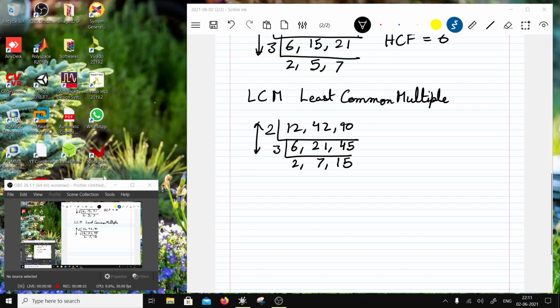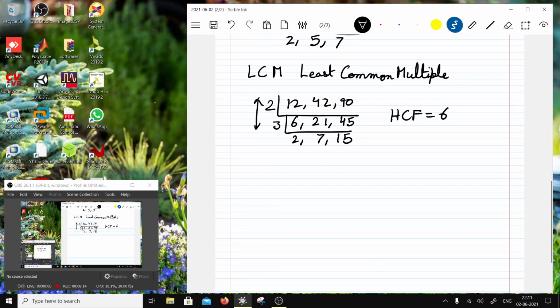So now the HCF is going to be 6, but the LCM is going to be 2 into 3 into 2 into 7 into 5, right? So this is going to be 6, 12, 84, 84 into 15.